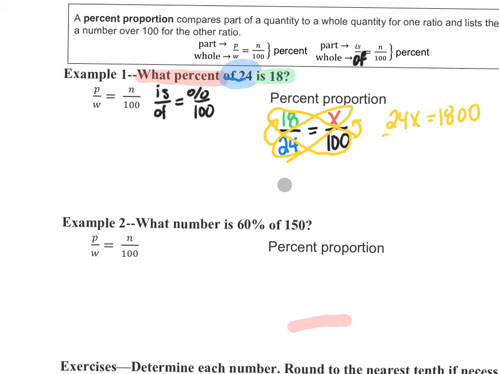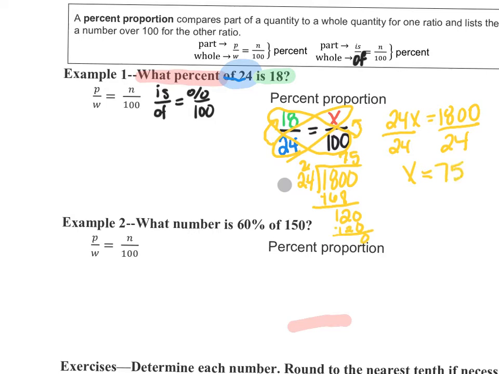So I would divide both sides by 24 because 24 and X are multiplying, and X is going to equal, well, I'm going to have to do some math here. 1800 divided by 24. Well, I know it's going to go in here 7 times. And I think that's 5 times. Yep, evenly, awesome. So X is going to equal 75.